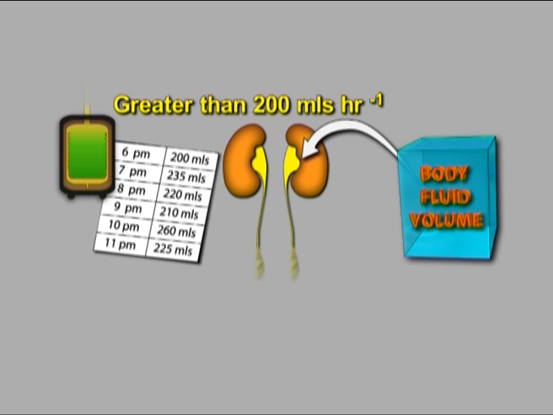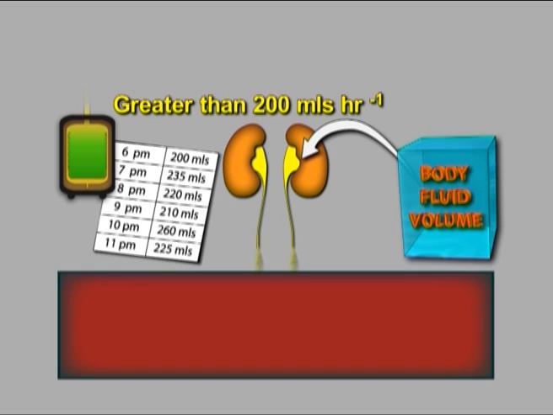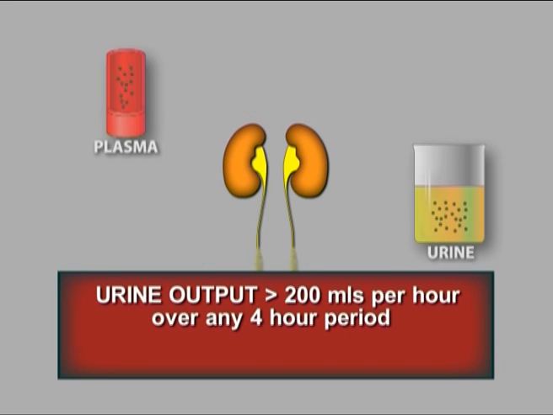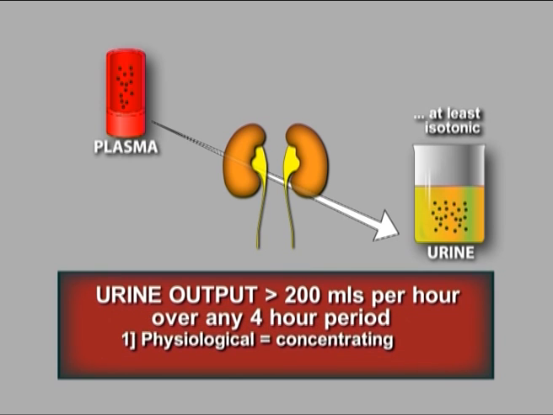So, I like to define a post-obstructive diuresis as being a urine output of more than 200 ml per hour over any 4-hour period. As long as the kidney can maintain a concentration of urine that is at least isotonic with plasma, then the diuresis remains physiological.